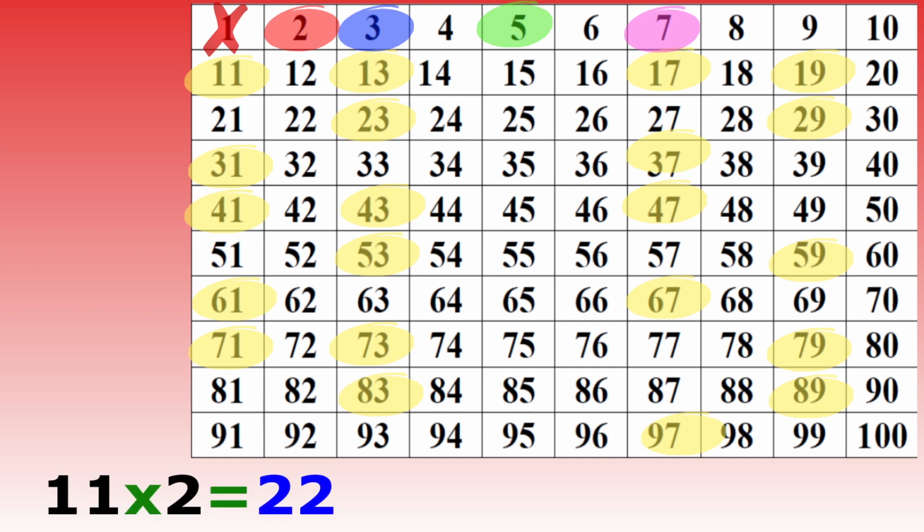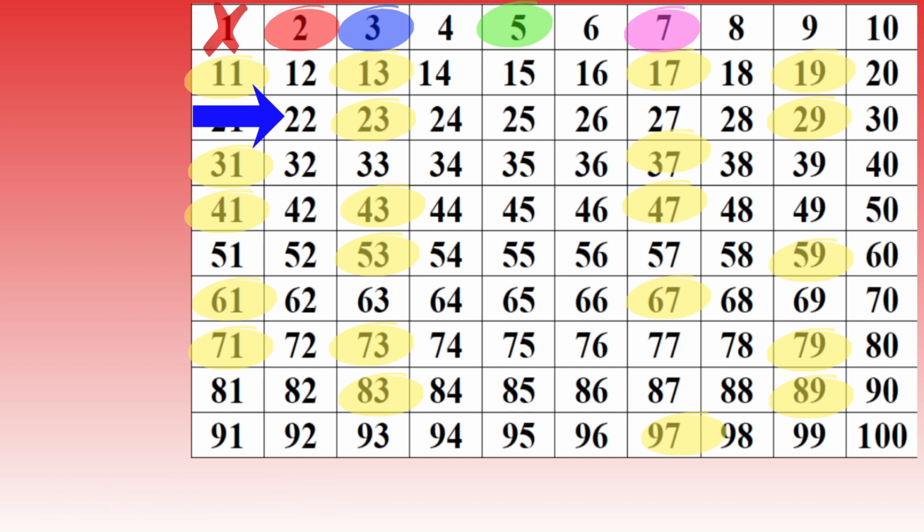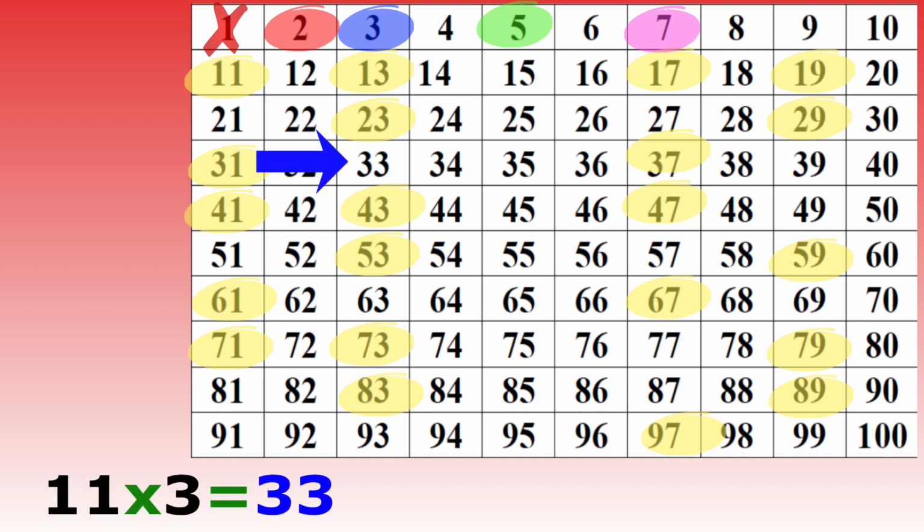Take the number 11 for example. 11 times 2 equals 22, but that's already a multiple of the prime number 2, so it has already been eliminated. 11 times 3 equals 33, but again that's a multiple of the prime 3, so that's been eliminated as well. 11 times 4 equals 44. 44 is a multiple of 2. We've already covered that.